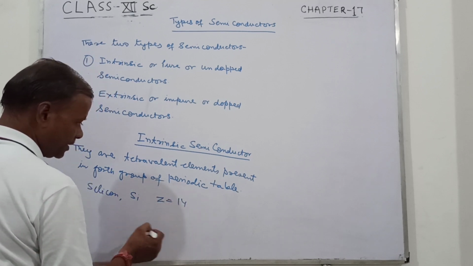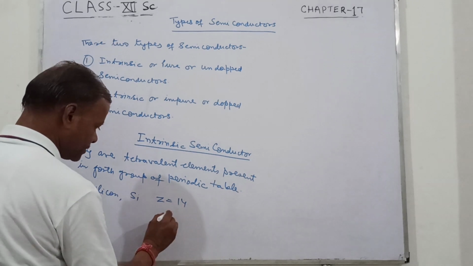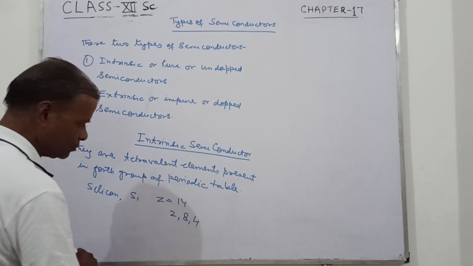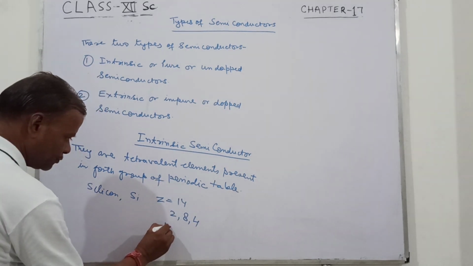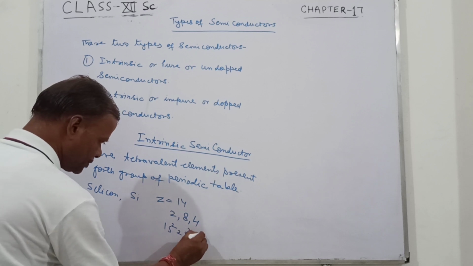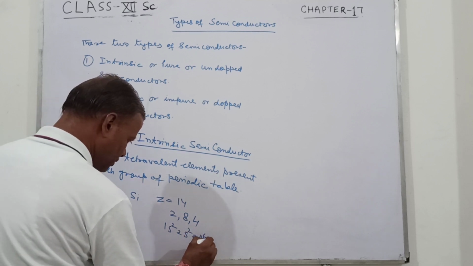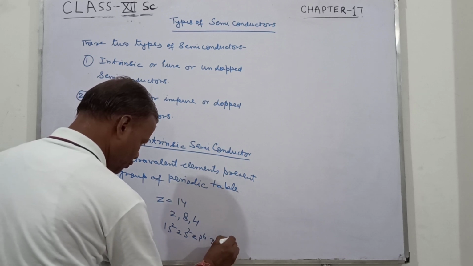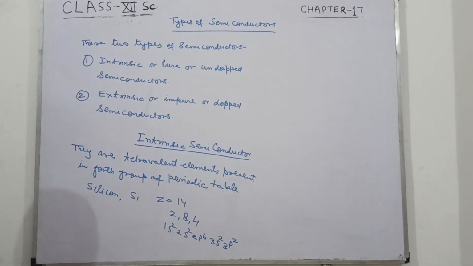So now we can write the electronic configuration. This is 2, 8 and 4, or we can write 1s2, 2s2, 2p6, 3s2, 3p2. This is the electronic configuration.